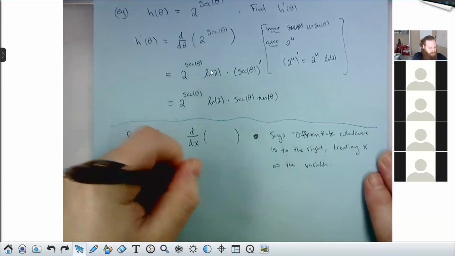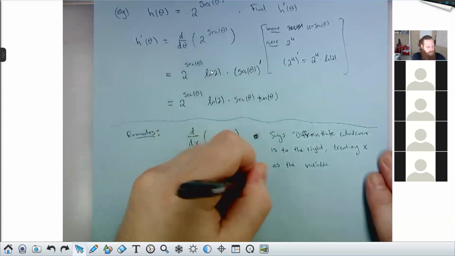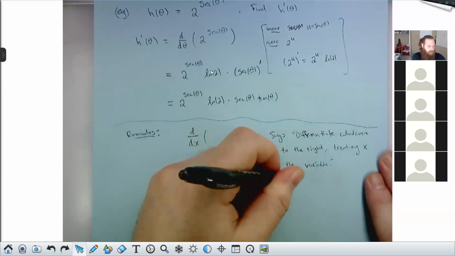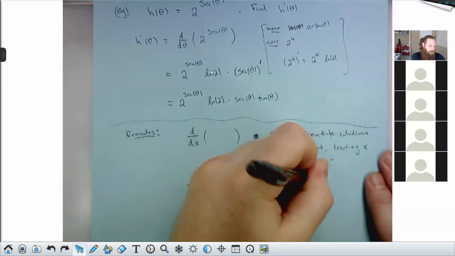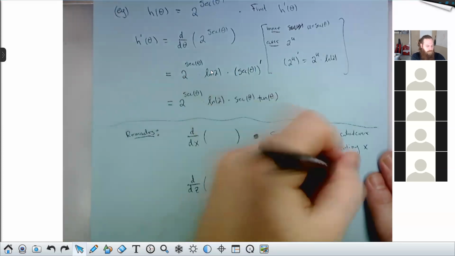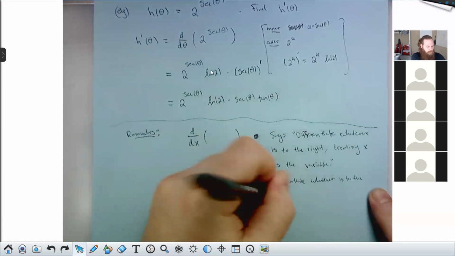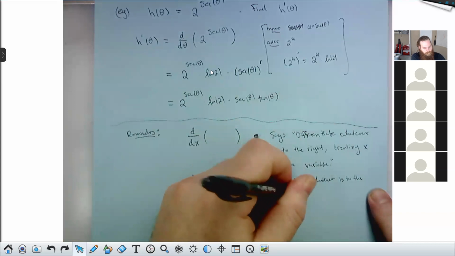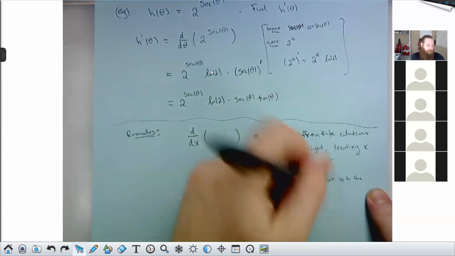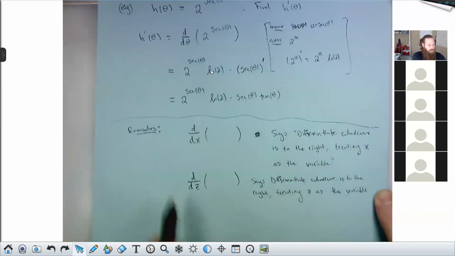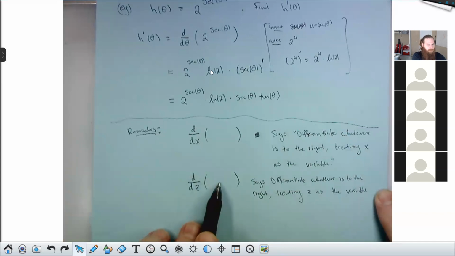If I had d/dz of some stuff, this would say differentiate whatever is to the right, treating z as the variable. So the way I read this is, take the derivative of this stuff with respect to this variable.